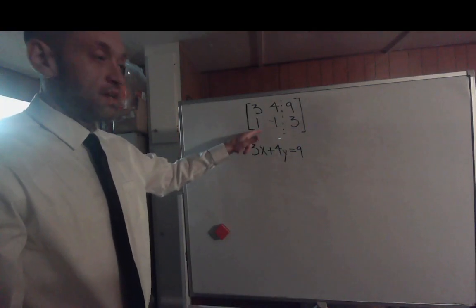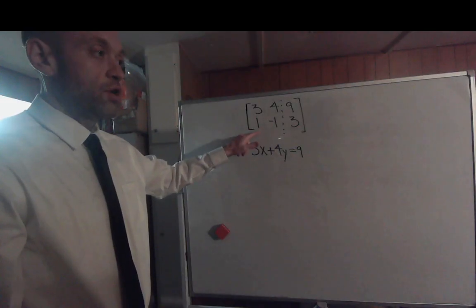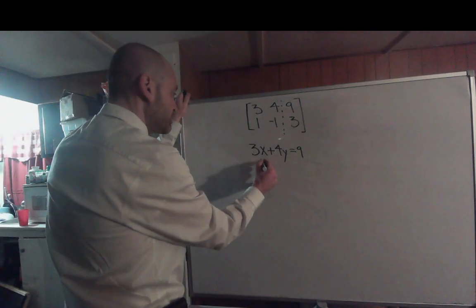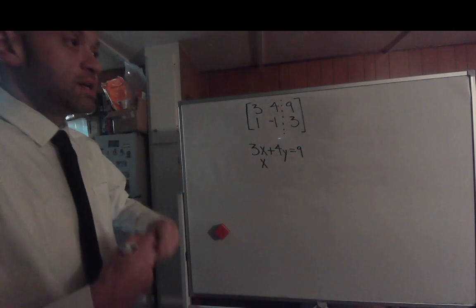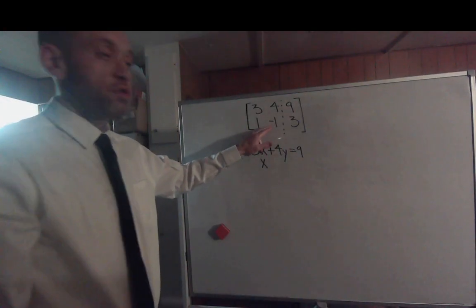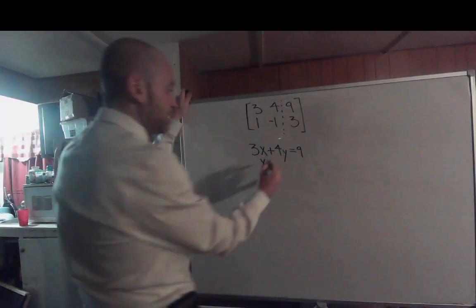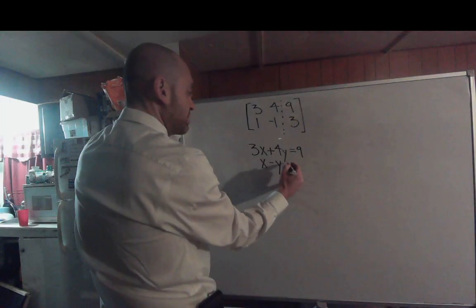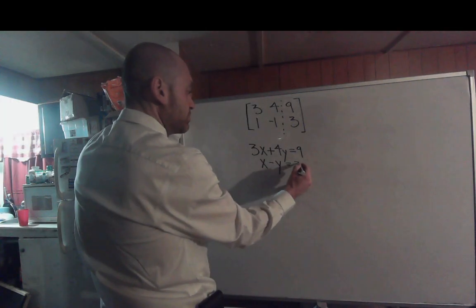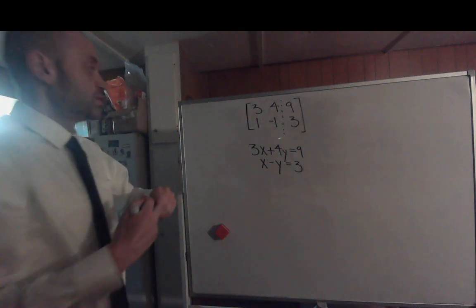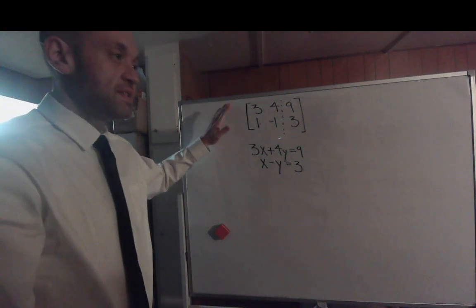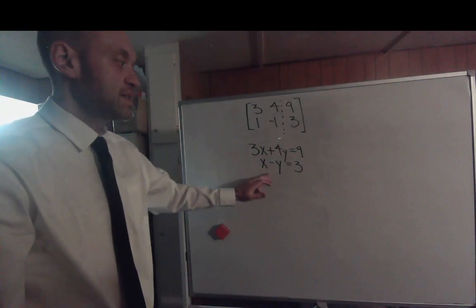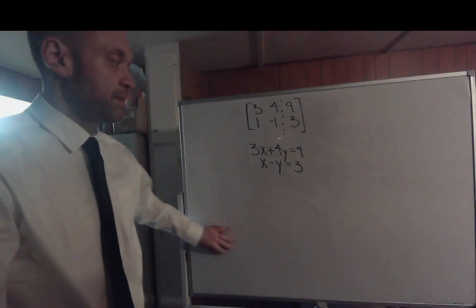The first entry of the second row is the coefficient on your x variable. That's just positive 1, so that'd just be x. Second entry of the second row is the coefficient on the y. That's negative 1, so you'll have x minus y. And then to the right of that augmentation line, you could say this equals 3. So this matrix signifies the system 3x plus 4y equals 9 and x minus y equals 3.